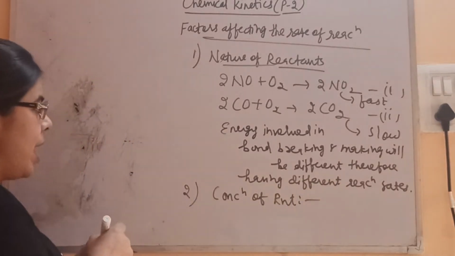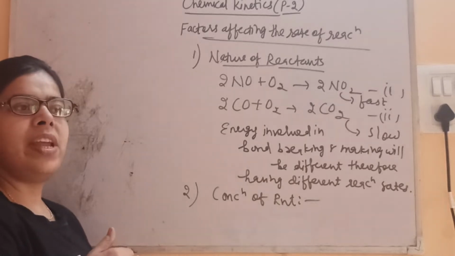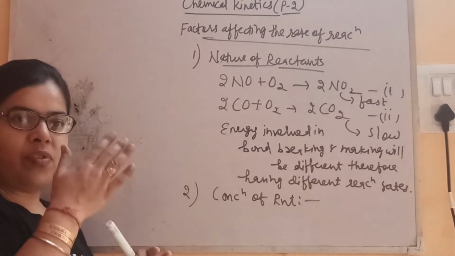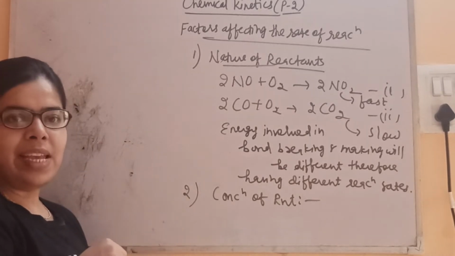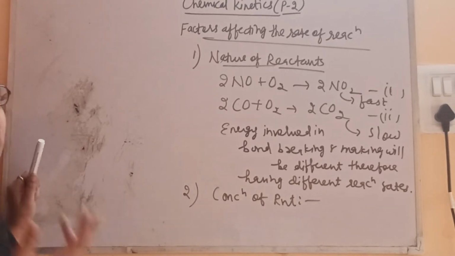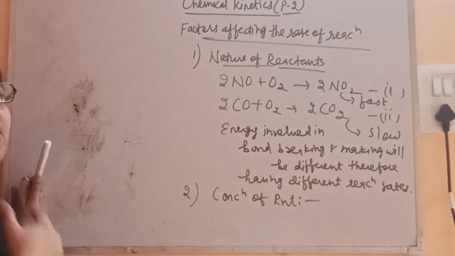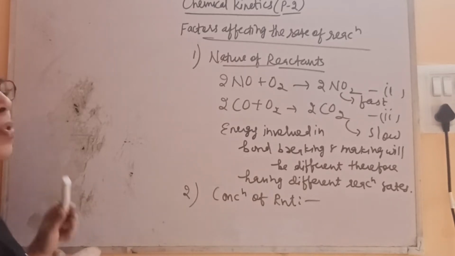Second is concentration of reactants. As we know that when the reaction is proceeding, the concentration of reactant is decreasing. So if initially the concentration of reactant is more, in that case we can say that the rate of the reaction will be more, as it will lead to more and more formation of products.